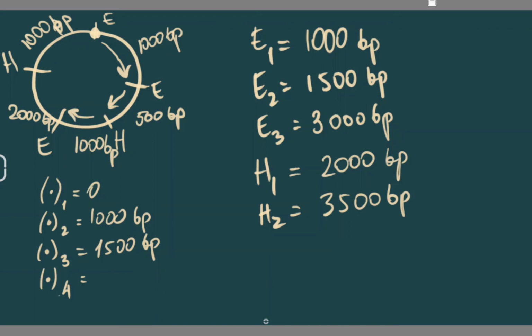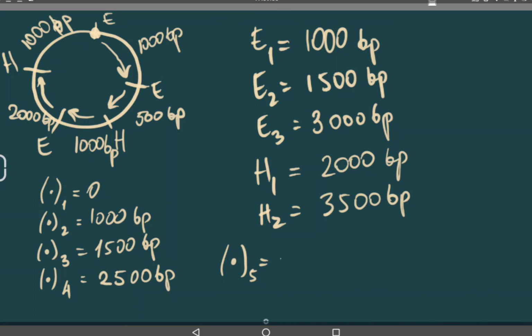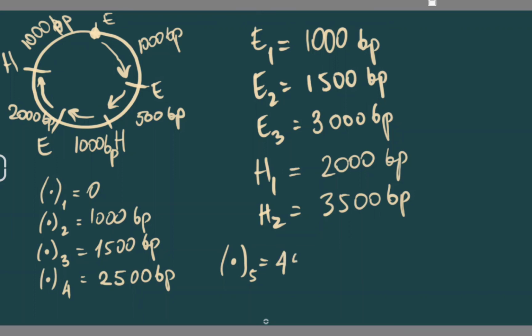So the fourth restriction site will be 1000 base pairs away from the third one, so it's 2500 base pairs, and the last, fifth restriction site will be 2000 base pairs away from the fourth point, and it is 4500 base pairs.